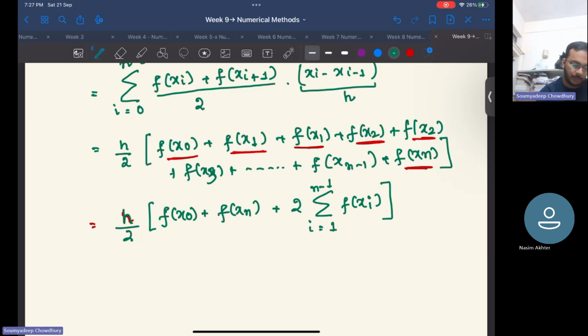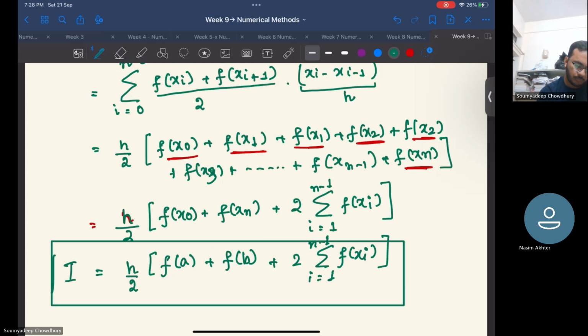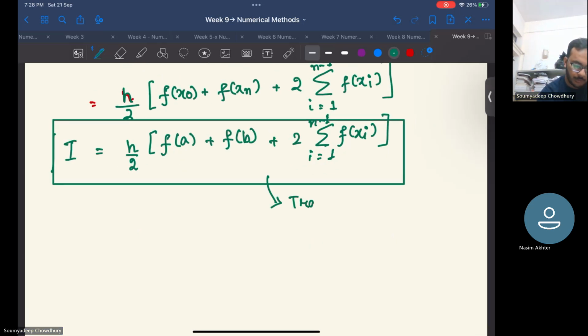Further, x0 and xn are basically a and b, the lower limit and the upper limit, so f of a and f of b. So this is basically I. This is your formula for the trapezoidal rule. Is it clear? Yes, it is clear.